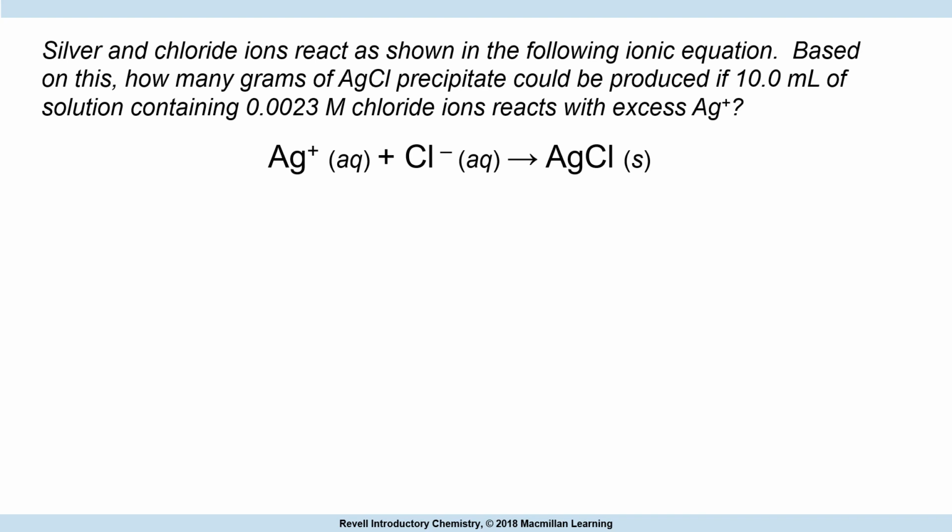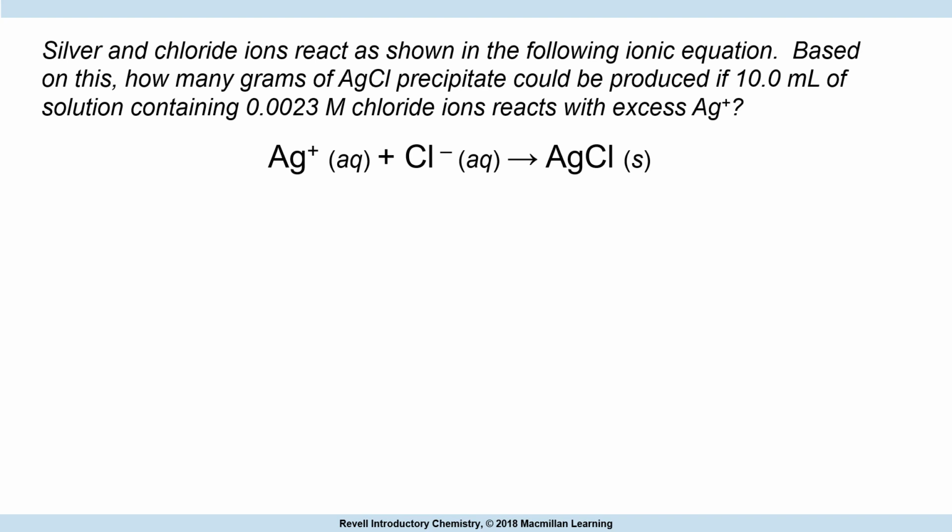Silver chloride reacts with this net ionic equation. Based on this, how many grams of silver chloride precipitate could be produced when 10.0 mL of a 0.0023 molar chloride ion solution reacts with excess silver ion.